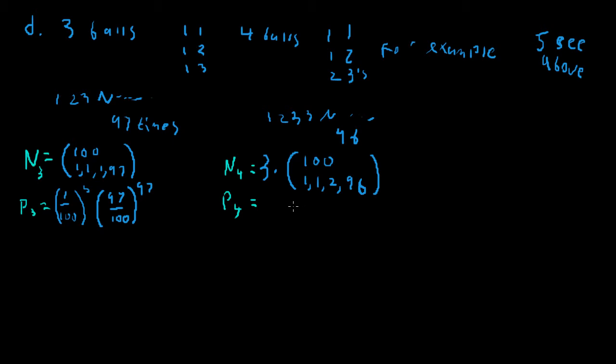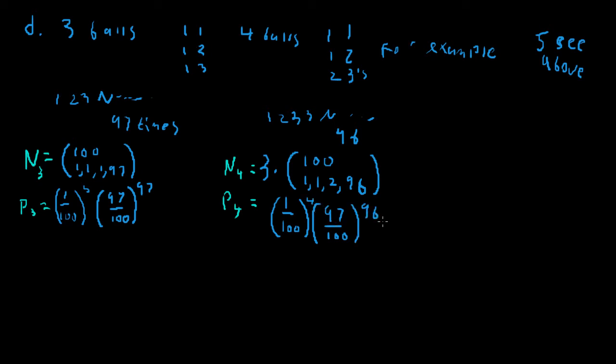And here we have 4 times where we hit one of our 1 over 100 urns. Each of these contributes 1 over 100, so this is to the 4th, and each of the others contributes 97 over 100, and in this case, this is to the 96th.